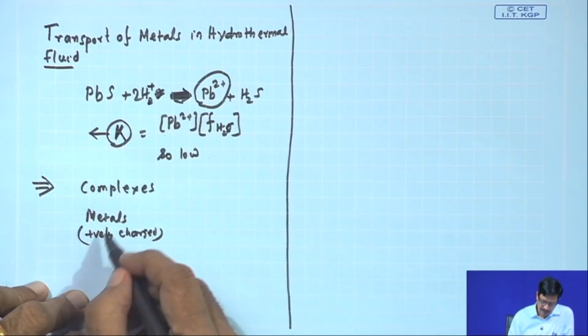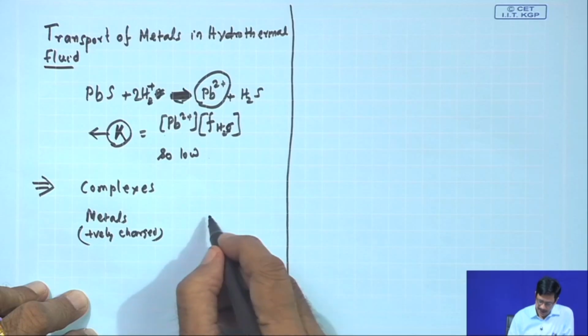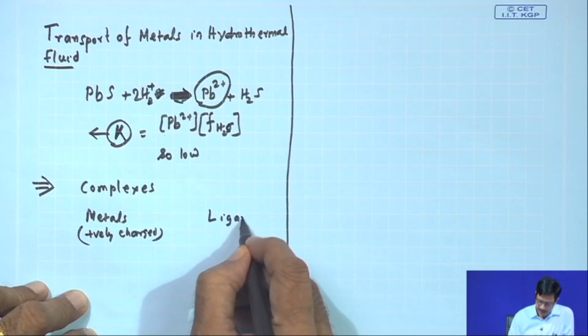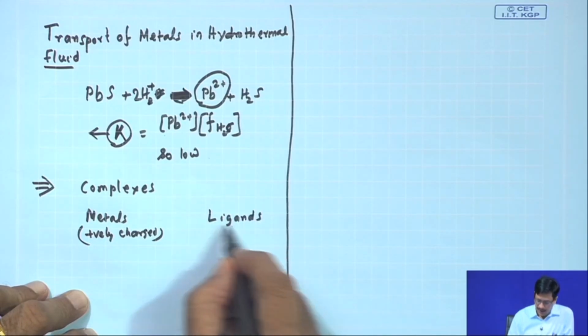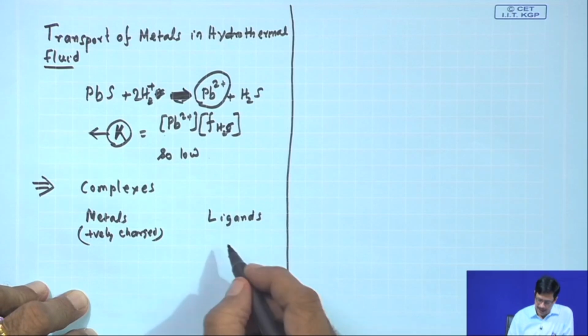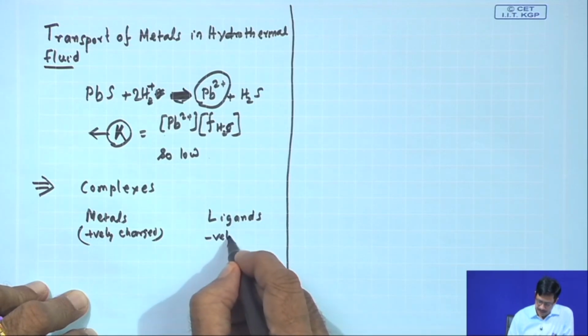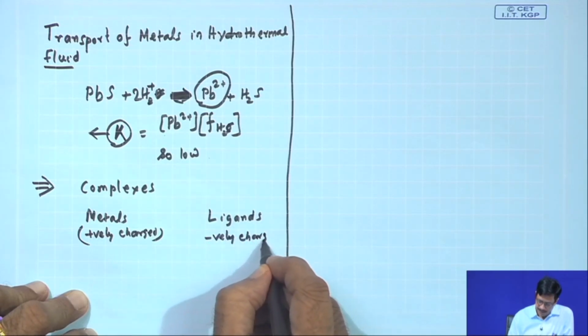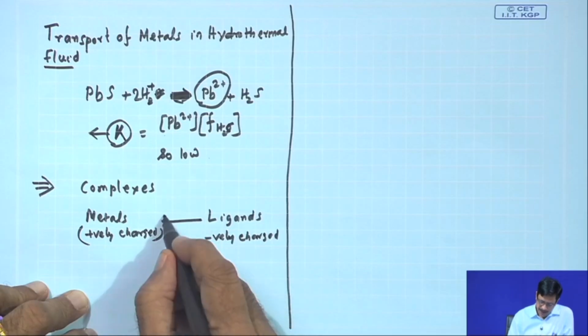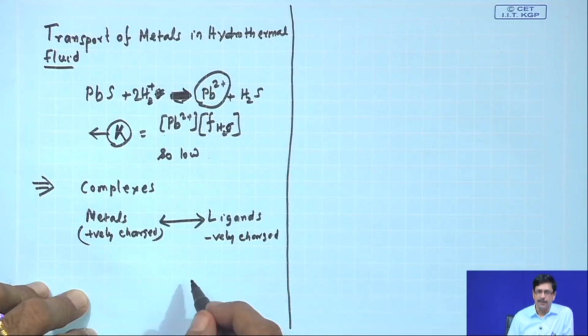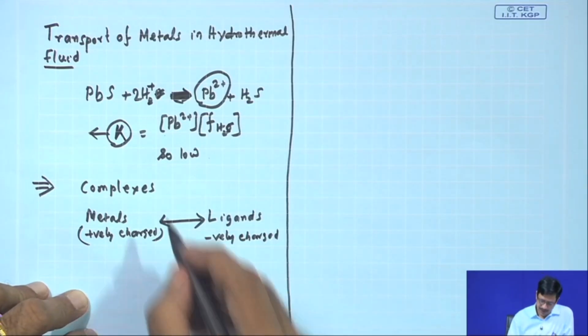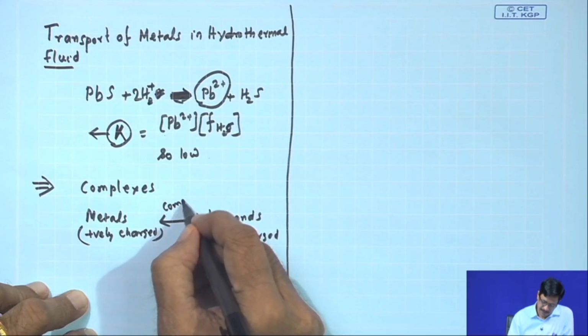So, the metals are positively charged, and they combine with something called ligands, which are negatively charged, and the metals and the ligands combine in the hydrothermal fluid to make complexes.